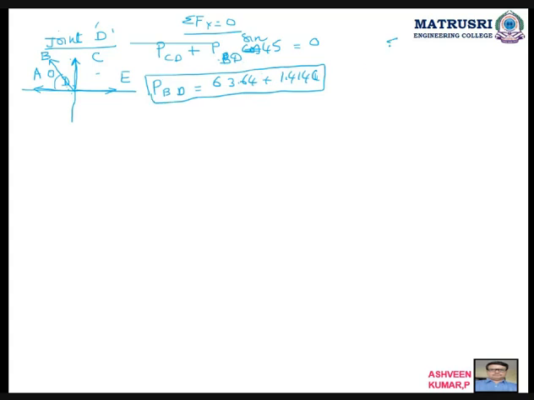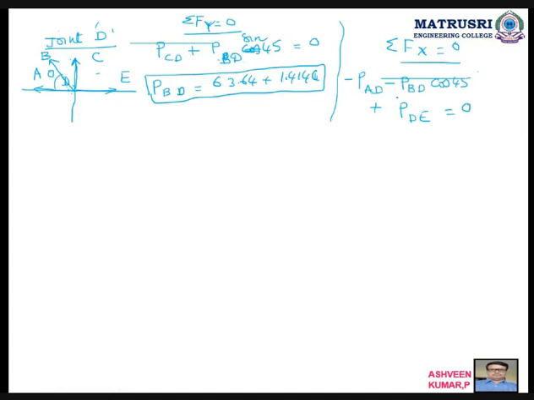Now I'll go for sigma F of x is equal to 0. F of x, what will come? This is minus P_AD, then minus P_BD cos 45, then plus P_DE is equal to 0.